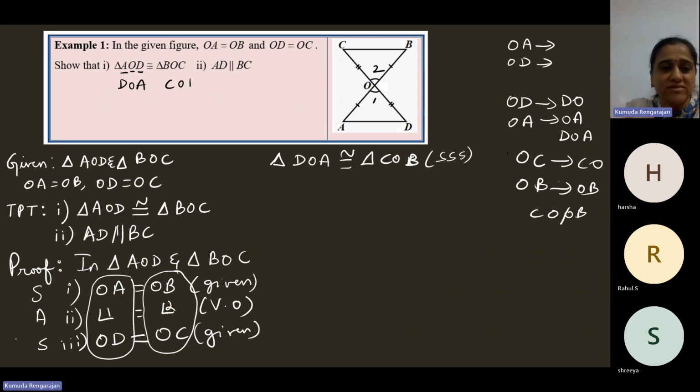I'm saying both are the same. See here? This is AOD. Backwards it's DOA. This is BOC. Backwards it is COB. Both are the same. Like this is 1, 2, 3. We have written 3 to 1. DOA 3 to 1. So here also you should write 3 to 1. COB.